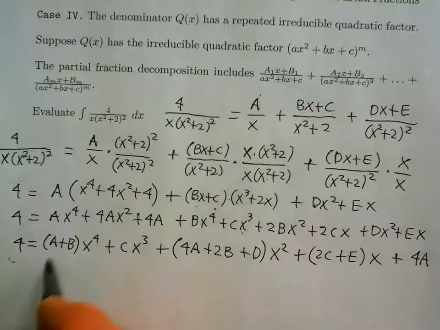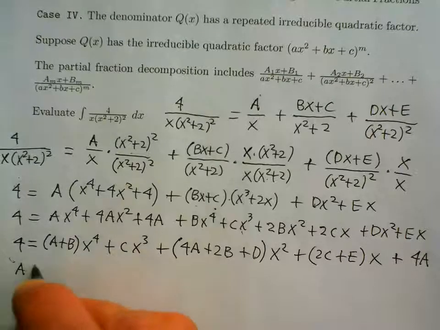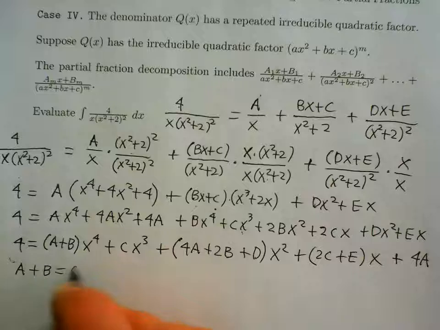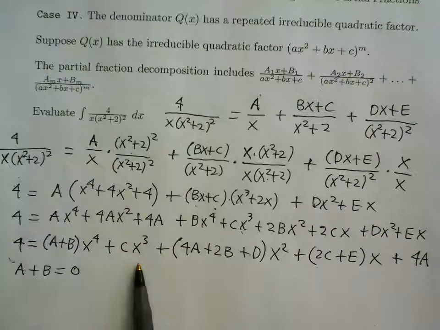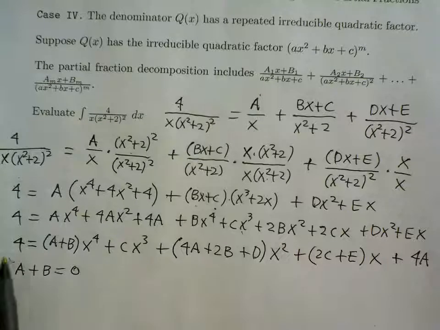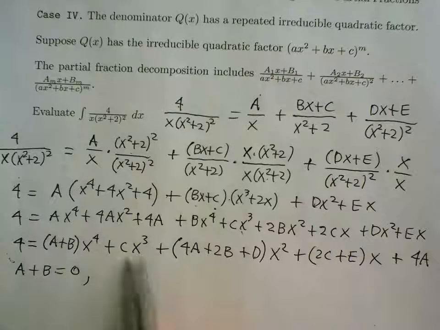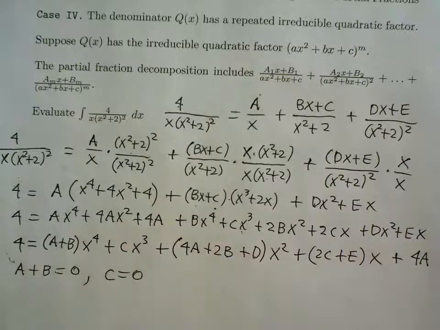Yeah, it must be the case that a plus b is 0. There's only one x to the 3rd term on the right-hand side, but the left-hand side doesn't have an x to the 3rd term. So this one is pretty nice. This has to mean that c is equal to 0, right?